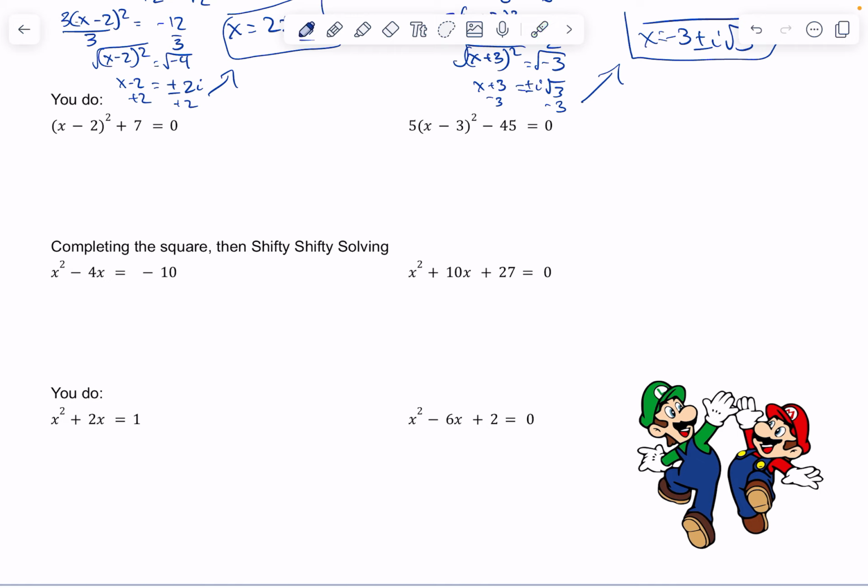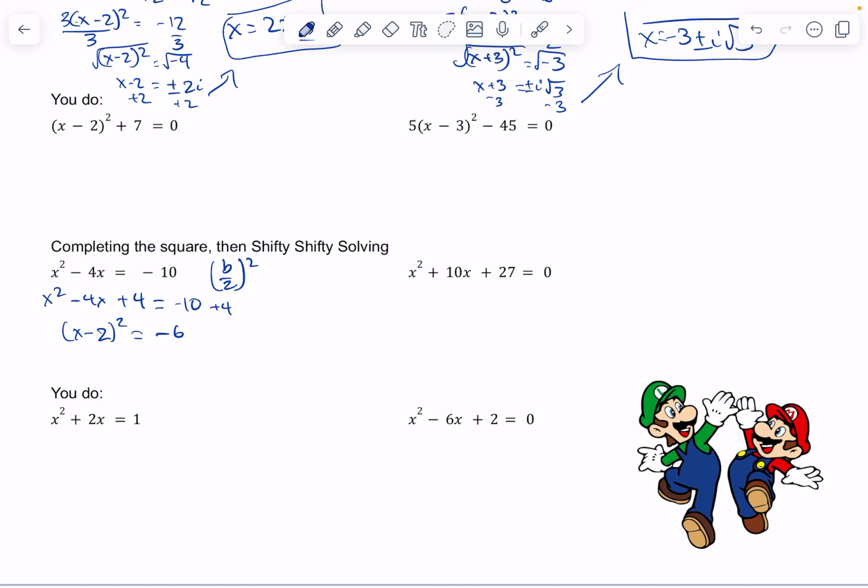I like completing the square. So that becomes x squared minus 4x plus 4, because it's b over 2 squared. So that if I do it to one side, I must do it to the other side. Plus 4. That gives me this perfect square of x minus 2, squared equals negative 6.